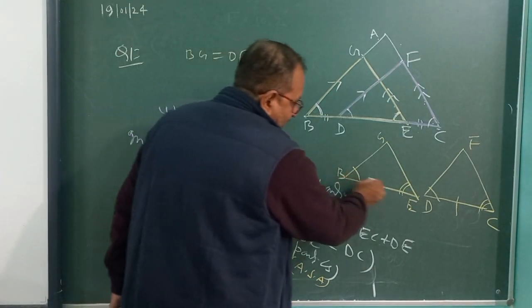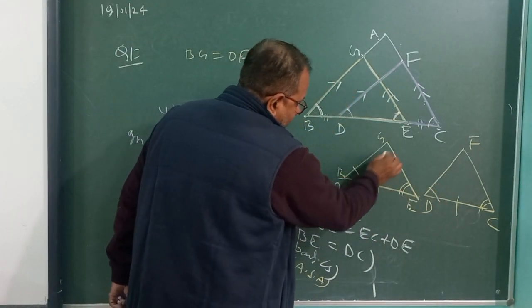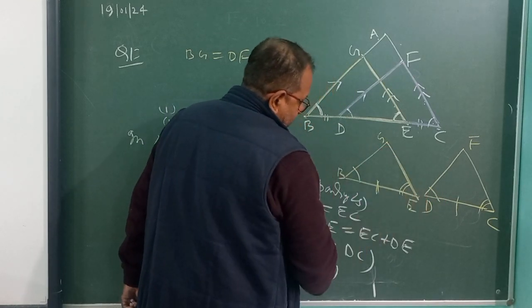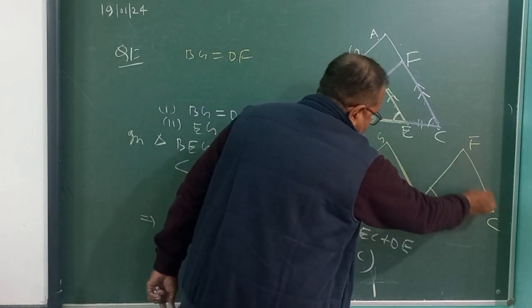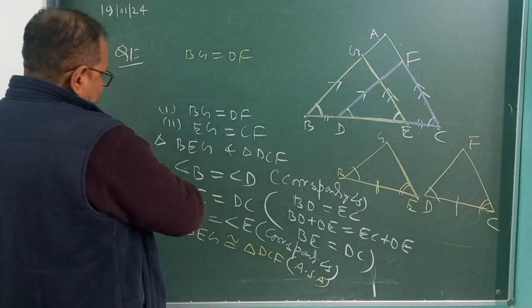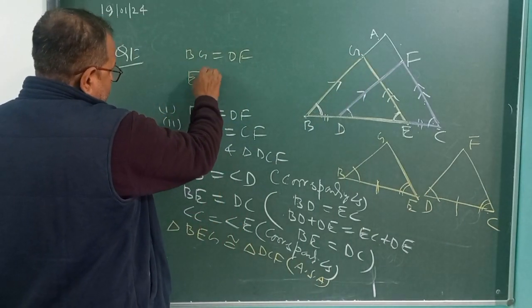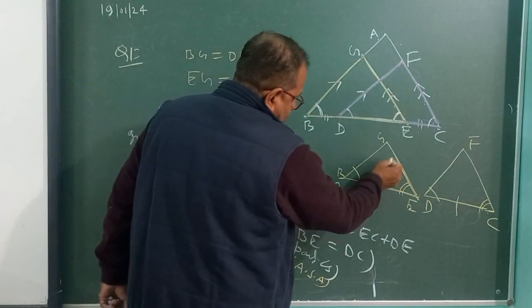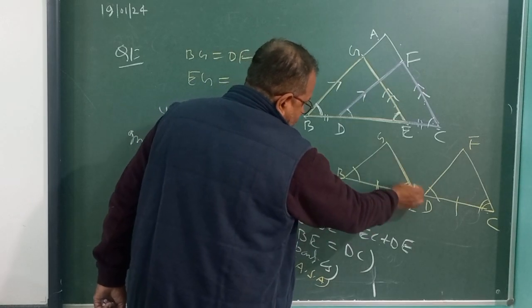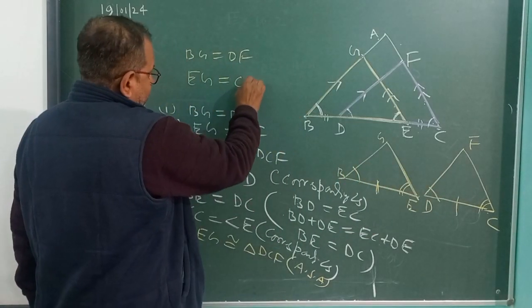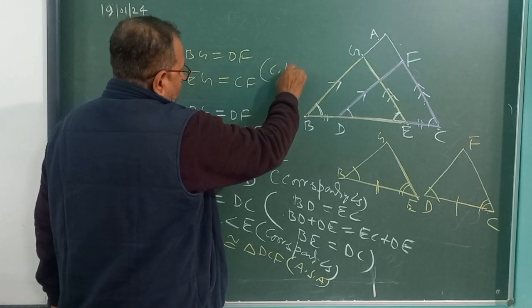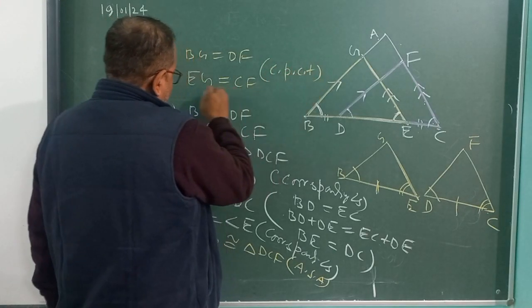Here angle B and angle B are equal. So angle B opposite side is GD and angle B opposite side is CF. So we can write EG is equal to CF. Corresponding parts of congruent triangles.